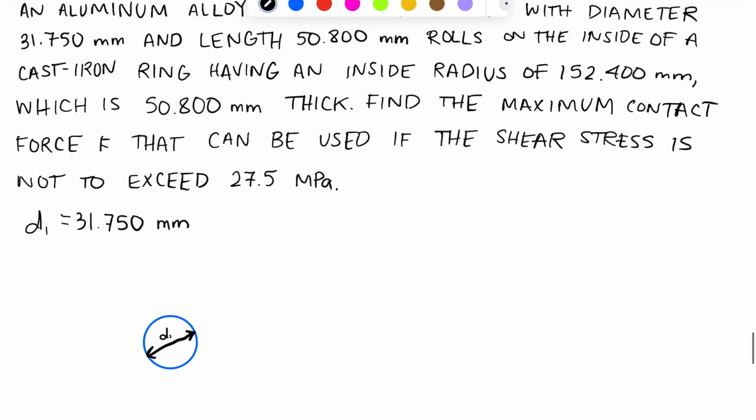And it has a length. Let's draw that dimension. This length is 50.800 millimeters.